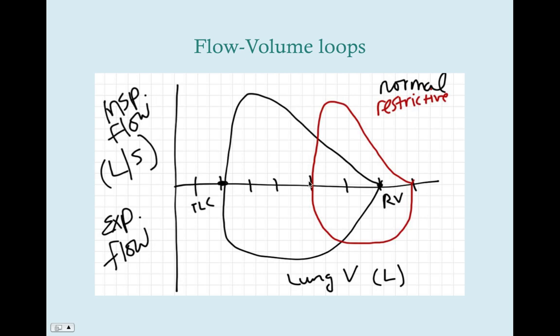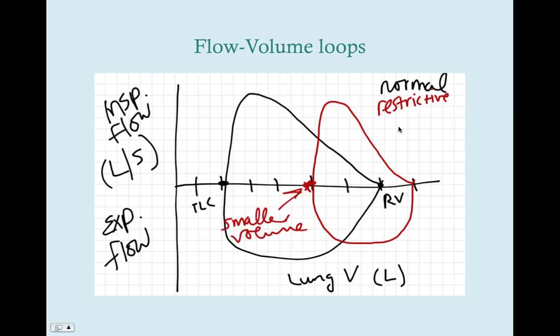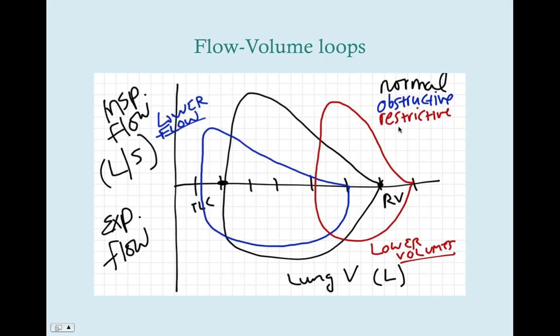So we don't reach as high of a total lung capacity. This is obviously an exaggerated graph, but you get the idea. And then the residual volume, again, is less. It may be the same. But the point is, with restrictive diseases, it's a problem with volumes. So you've got a smaller volume.